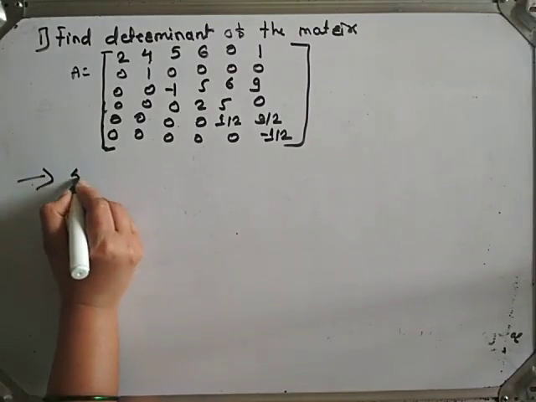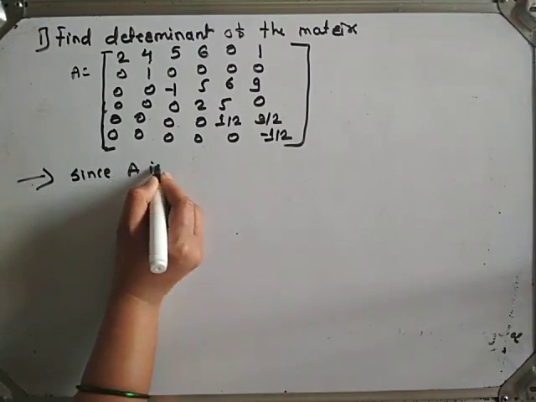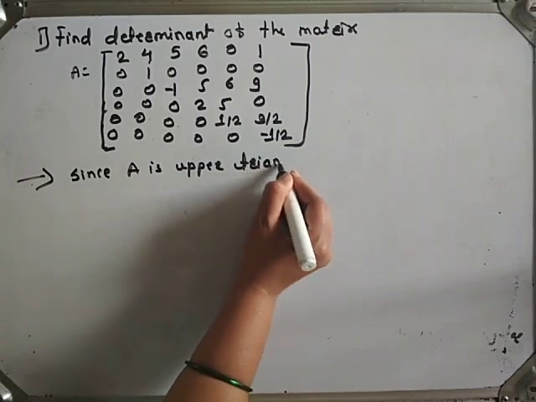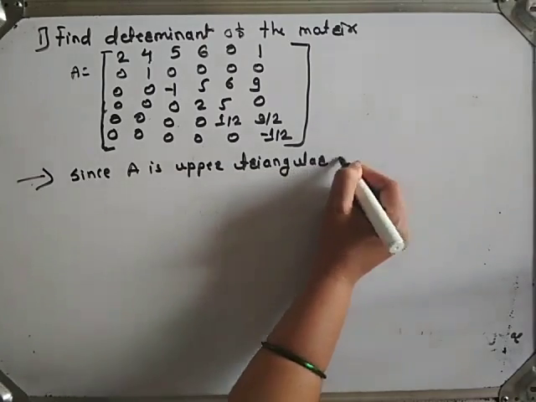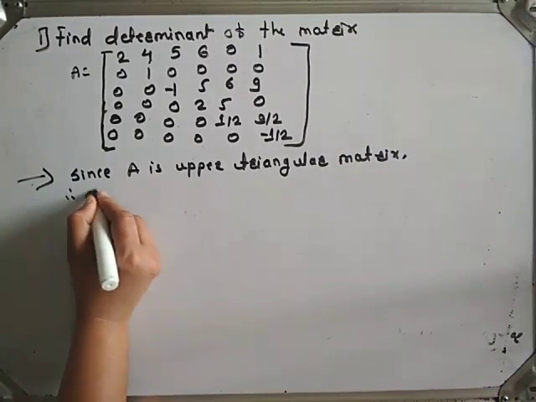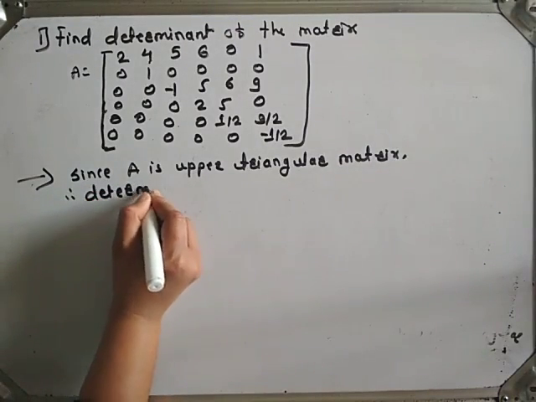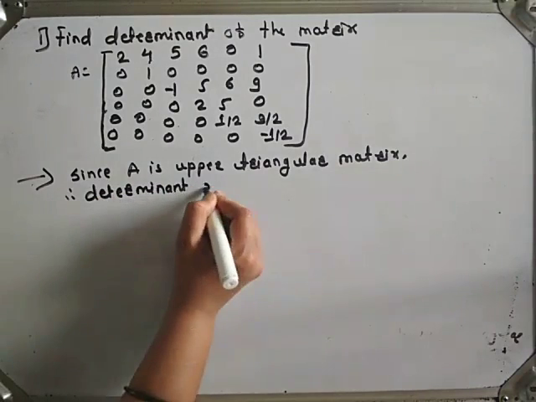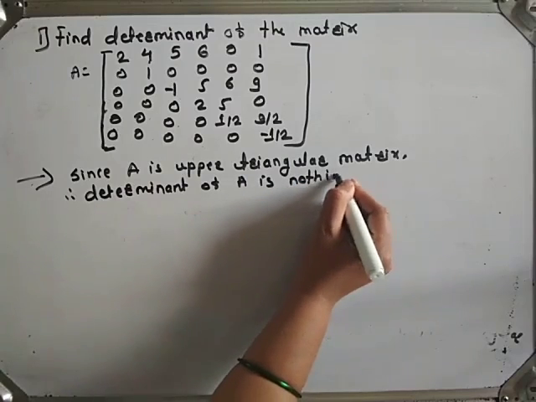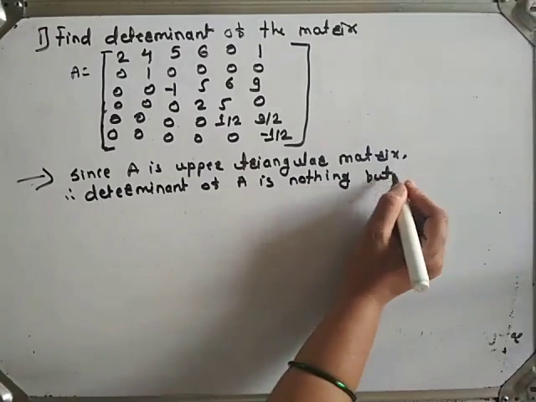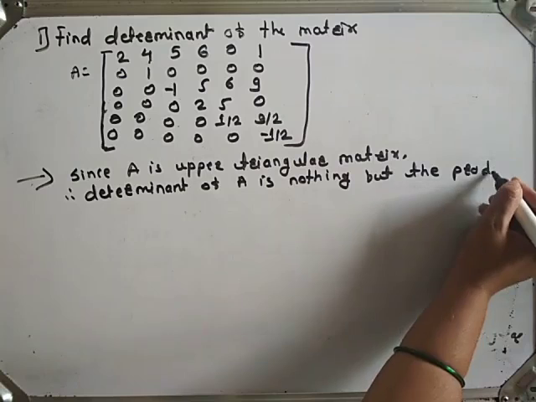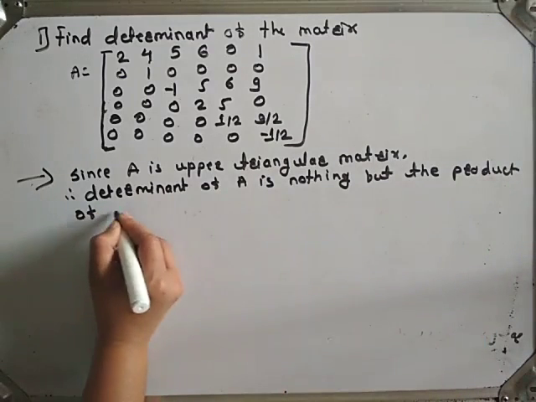Solution. Since A is an upper triangular matrix, therefore determinant of A is nothing but the product of diagonal entries.